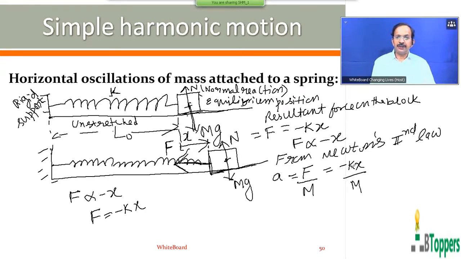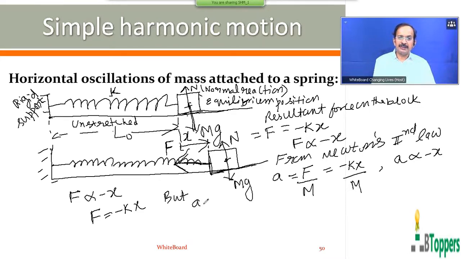So k is a constant for a given spring, m is a constant for a given block. So the ratio k/m is a constant for a given spring-mass system. So the instantaneous acceleration of the block is proportional to the displacement of the block from its equilibrium position, but acts opposite to the displacement of the block from the equilibrium position. Therefore, the block performs simple harmonic motion.